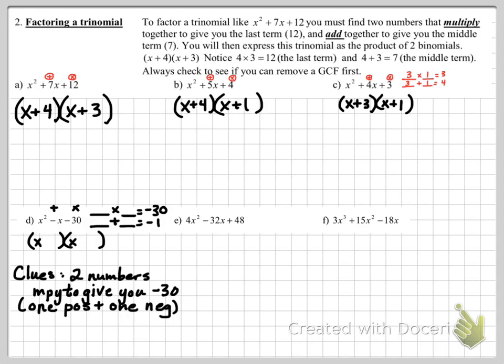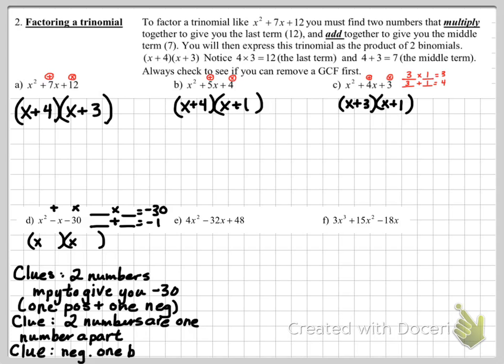It also means that they're going to be one number apart when they add up to negative 1. It also tells me that the negative has to be one bigger than the positive number because they're going to add up to negative 1. So let's see now. Is that enough clues? Two numbers that multiply together to give me negative 30. They're going to be one number apart, and the negative is going to be one bigger than the positive. Have you got it yet?